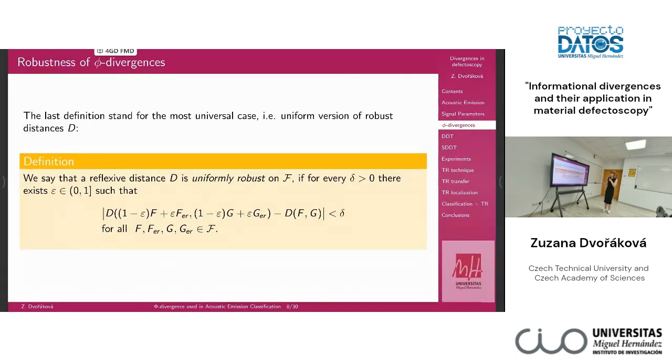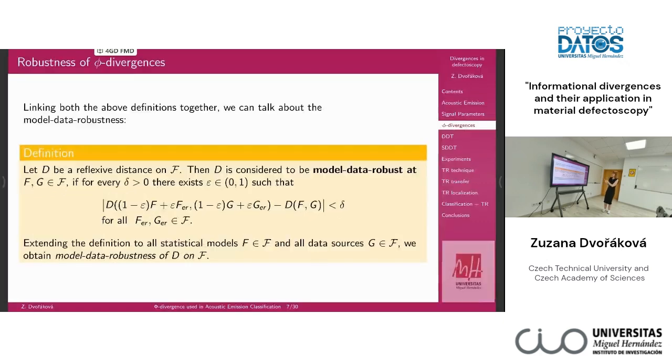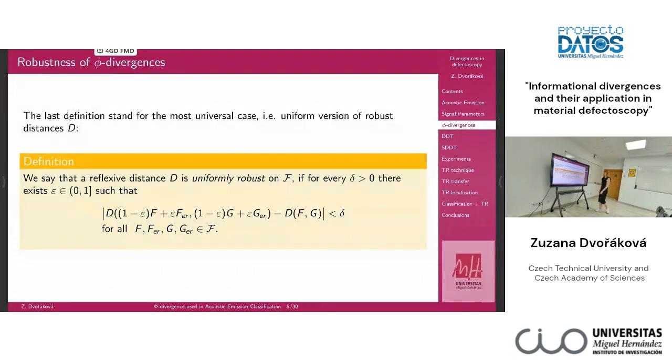And the last definition is only a small change in comparison to the previous one, because here it is for all F error and G error from the set of cumulative distributions, and we obtain the so-called uniform robustness of the distance D.